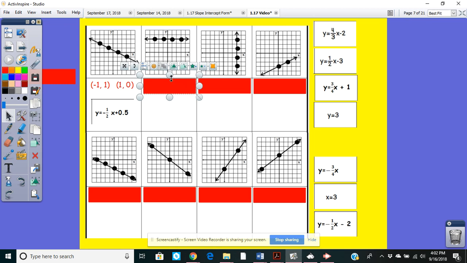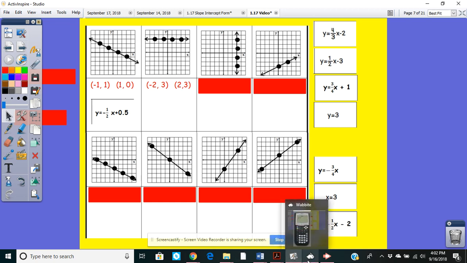All right, our next line, our ordered pairs, are (-2, 3), and that is close to this one here, and then (2, 3), so that's up in here. They're all going to have a y value of 3 because this is a nice straight horizontal line.